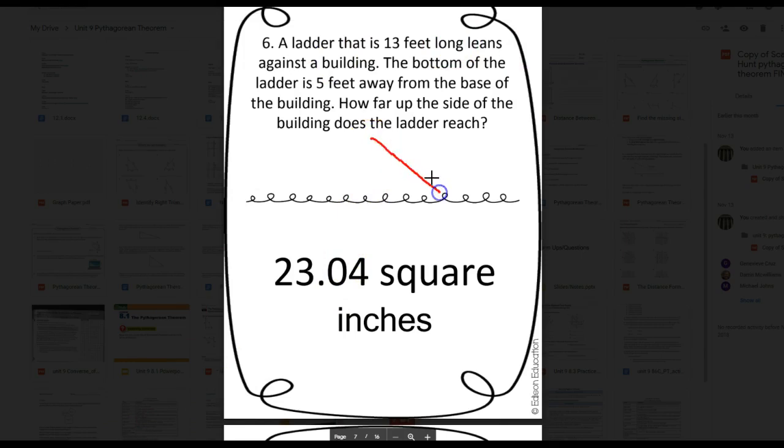Okay, so it's leaning against the building. The bottom of the ladder is 5 feet away from the base of the building. That's 5. So you're looking for this leg, okay, because you have your hypotenuse.